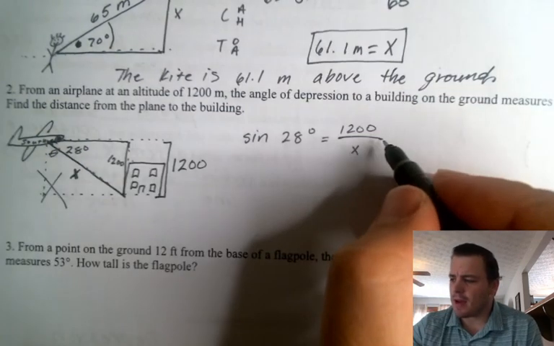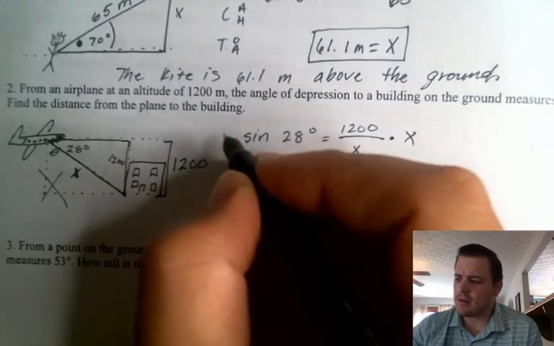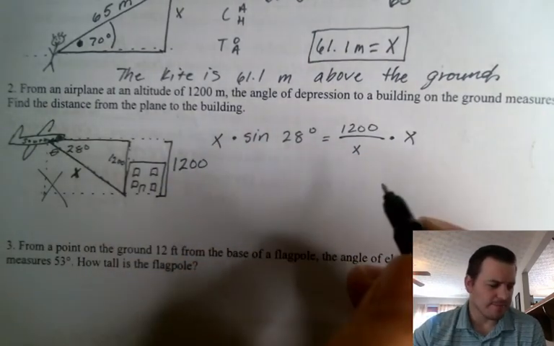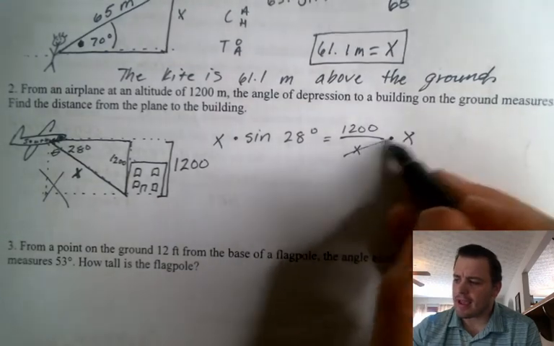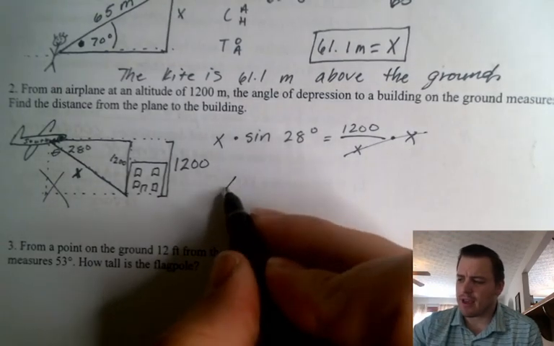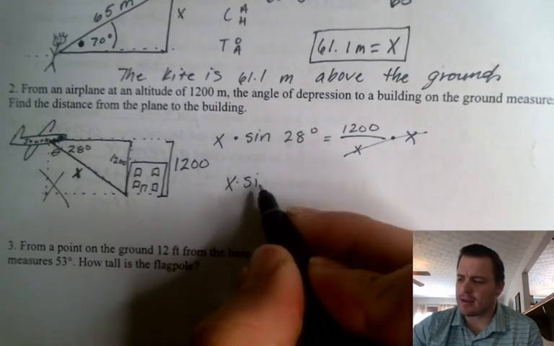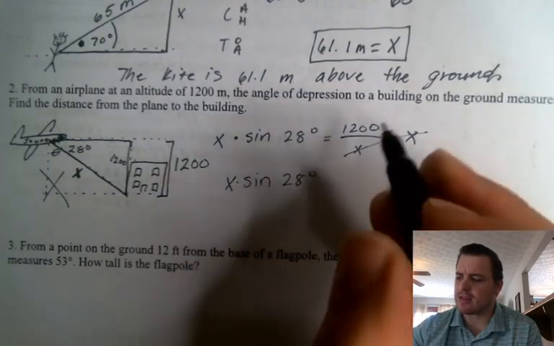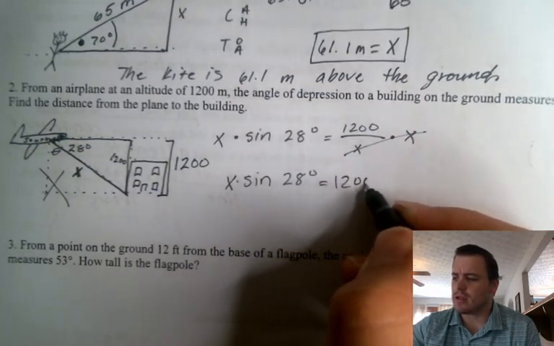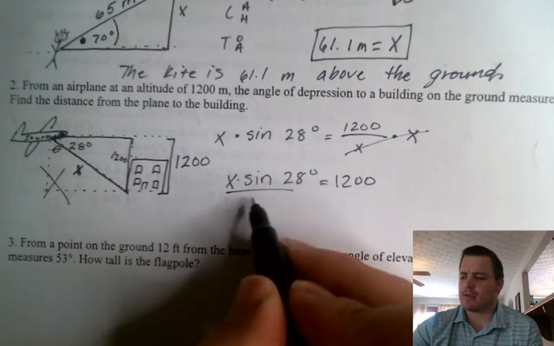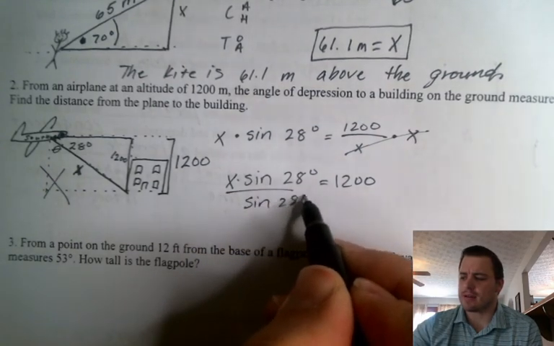So we multiply x on both sides. That cancels, and I'm left with x times sine of 28 degrees is equal to 1,200. Then divide both sides by sine of 28 degrees.